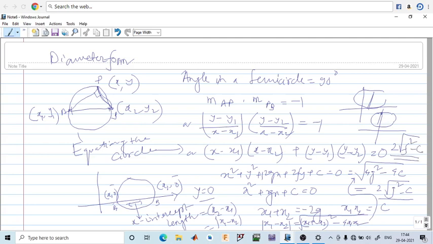You can solve it on your own. The same way, here it will be x equals 0, and you are going to get the value of y1 minus y2, right?